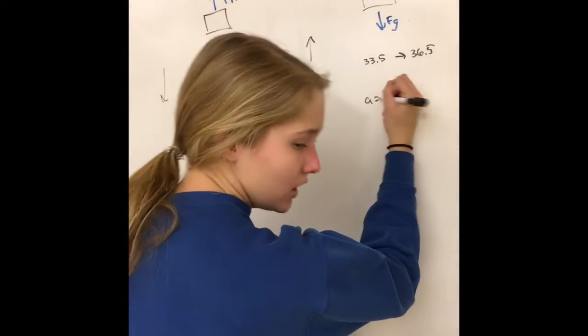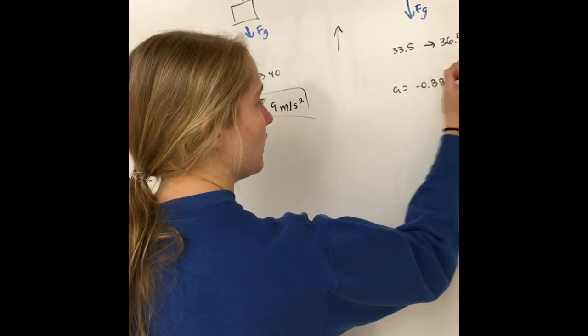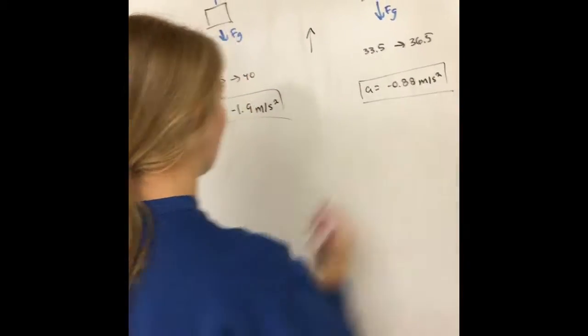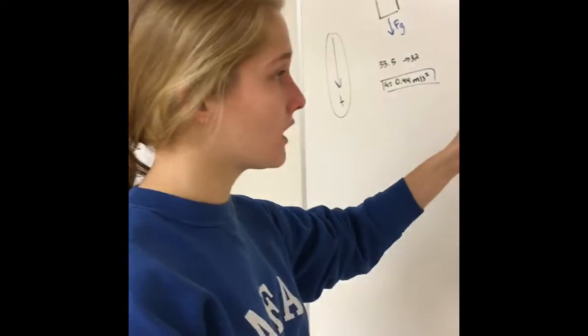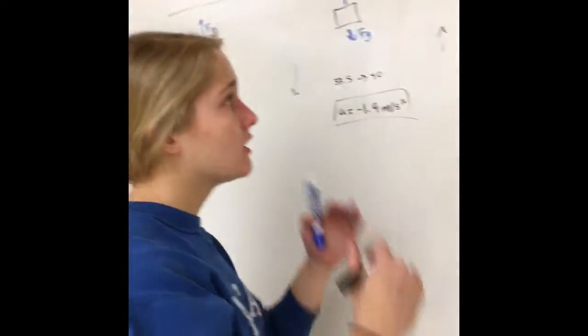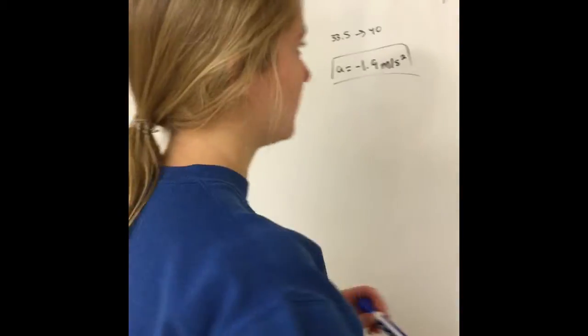And our acceleration was negative 0.88 meters per second squared. So even though it does not do as much work as this one, it still has to do more work to be able to speed up the object because it is working against gravity.